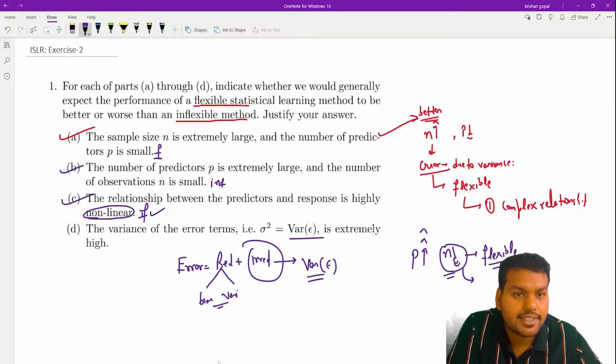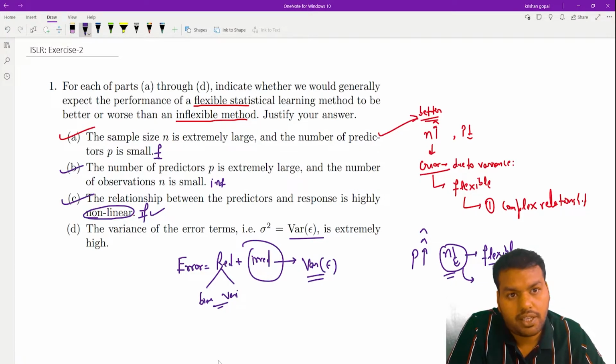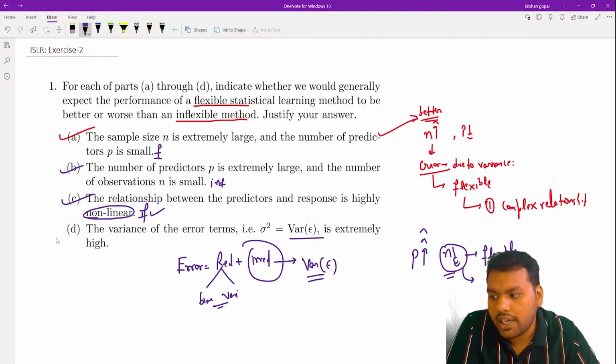So in this case, I will always start with the inflexible method to save computational cost, or maybe I want to try and see how my inflexible method works here. If it is working very well, I will never go for the flexible method. So the answer to this question, I will start with the inflexible method.